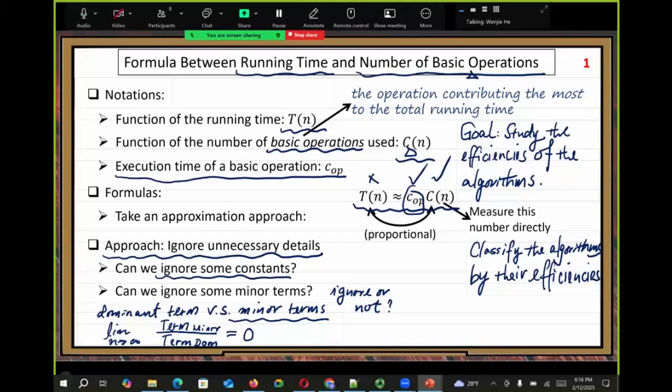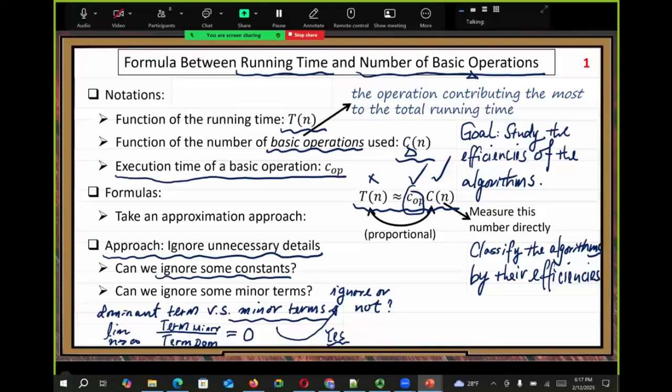We can say the denominator dominates the numerator, because the limit at infinity is 0. Based on this description, we can comfortably ignore the minor term, because the limit is 0. And we only consider the cases that n is very large. For n not too large, we don't worry, because our computing power is very powerful.